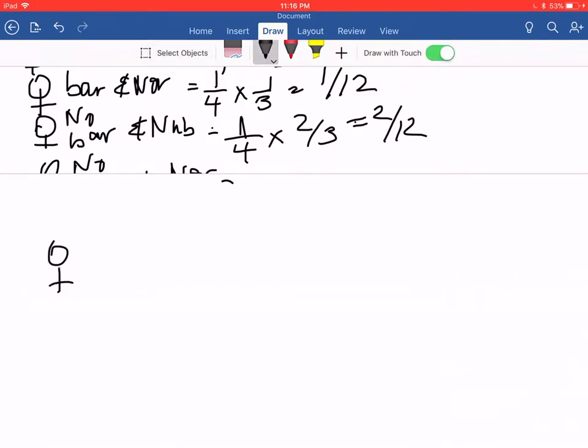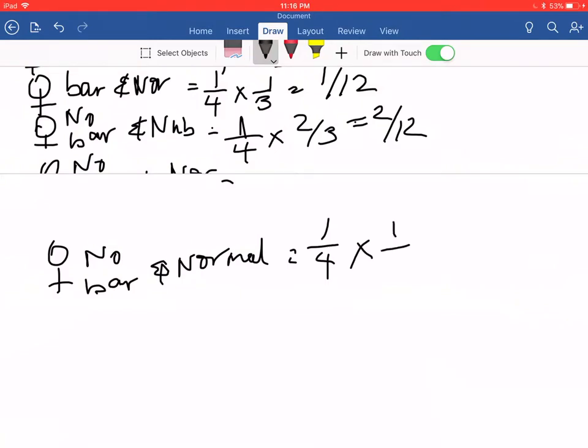A female with no bar who is normal. And that's going to be 1/4 times the normal condition, which is 1/3, and is going to be 1/12. So there are basically 4 possibilities of females that have bars or no bars and either nub or normal tails.